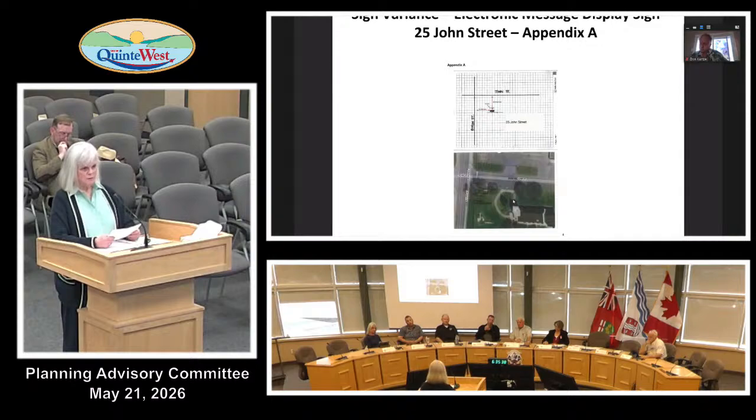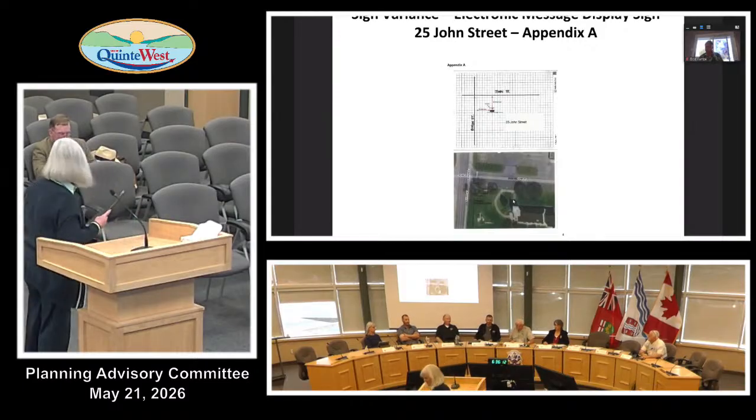On that corner, the only one that is electronic and can be changed is the Ultramar sign. Everything else is static. The JISC sign is very bright, I guarantee that, and there is Pharma Plus and the beer store and those types of things, but they are not electronic message signs. Only this one would be, and the Ultramar. So that's something to consider as well when we go forward, because it was made note to me that we'd be competing with a lot of other signs, and there aren't any others of that stature around there. Thank you very much.